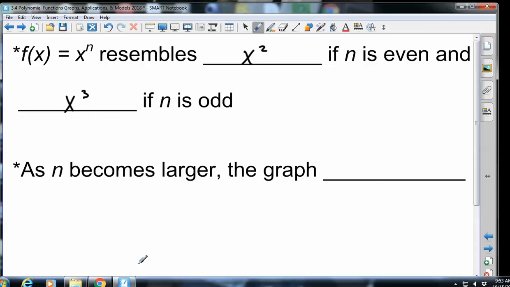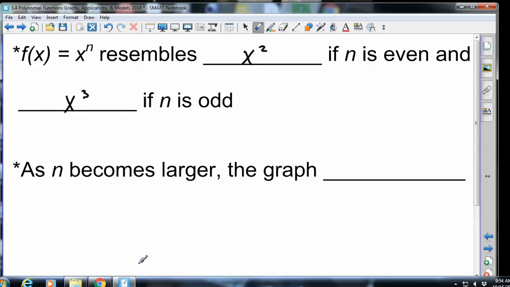Okay, so all of the ones, x squared, x to the fourth, x to the sixth, x to the eighth, they're all going to look the same. If that power is even, then it's parabola shaped. If that power is odd, it's going to look more like our chair. What is the difference as that exponent becomes larger? What happens to the graph?